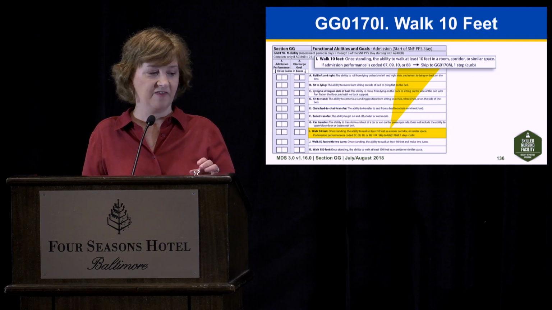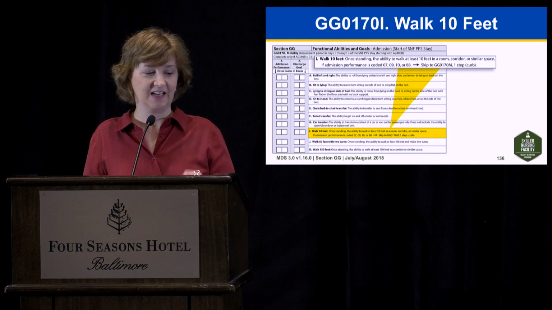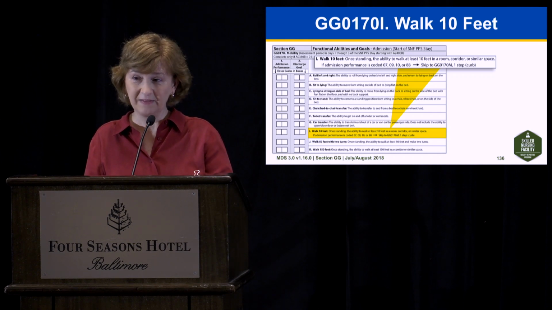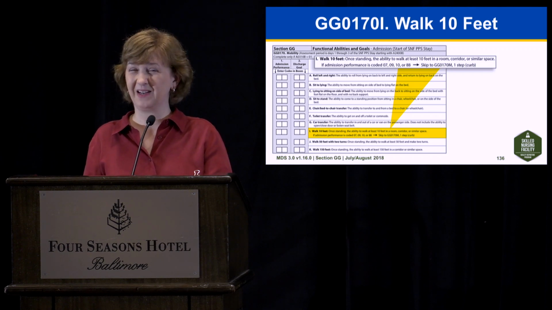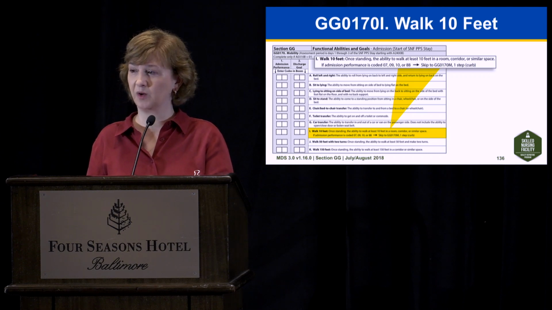So if the admission performance is coded 7, 9, 10, or 88 on the admission assessment, you would skip over to 1 step. We skip you to 1 step because even if somebody is in a wheelchair, somebody can go up and down 1 curb in a wheelchair.